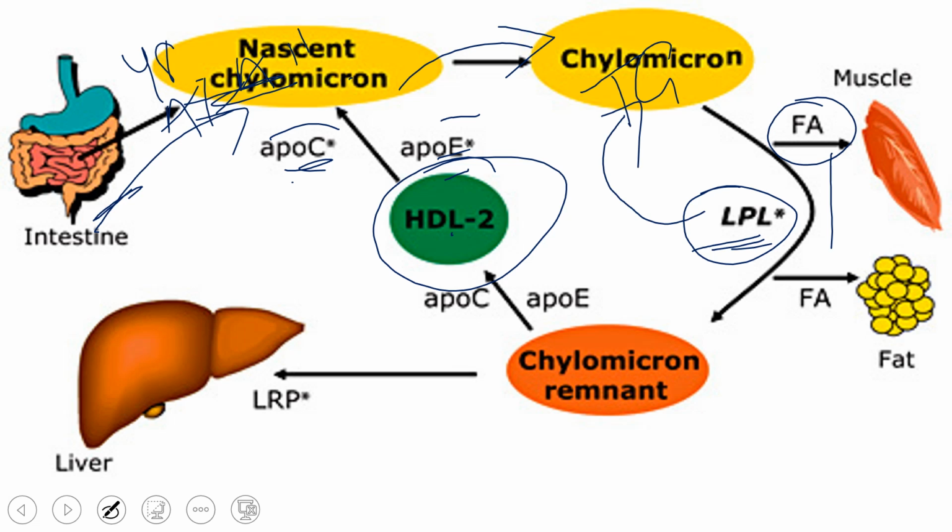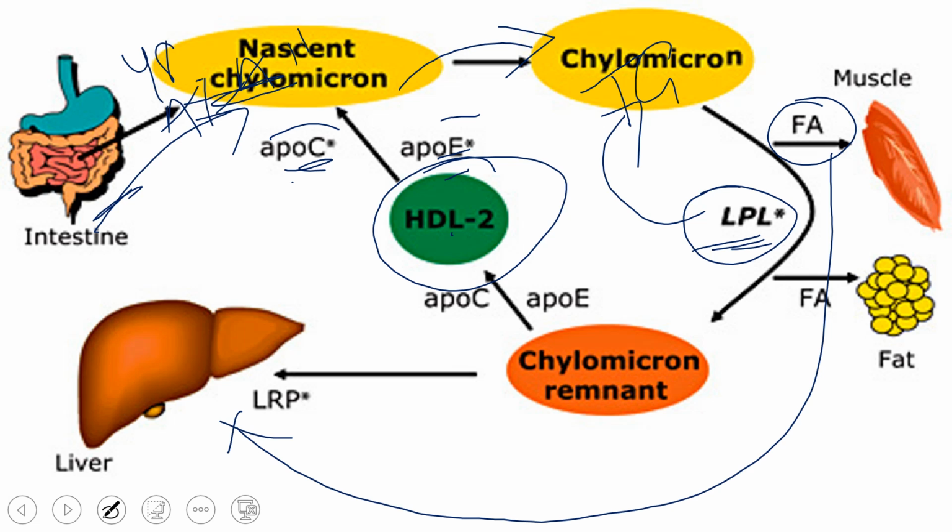Glycerol goes back through circulation to the liver, and free fatty acid will be taken by adipose tissue and the muscles for their purposes, for their utilization. This is the process by which tissue gets free fatty acid from the chylomicron.